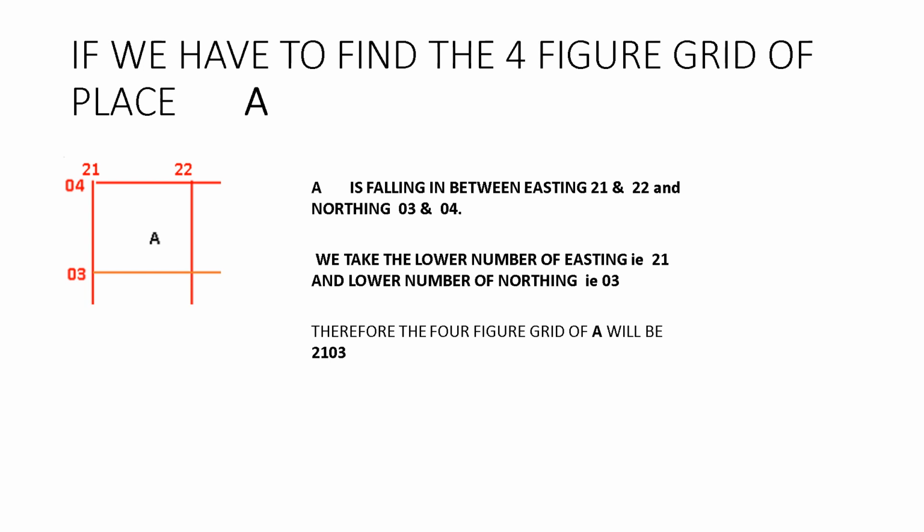Then take the northings. Write both the numbers of northings between which A falls. In this case, it is falling between 03 and 04. Then take the lower number, that is 03, and the four-figure grid will be 21 and 03. This is one way of finding the four-figure grid.